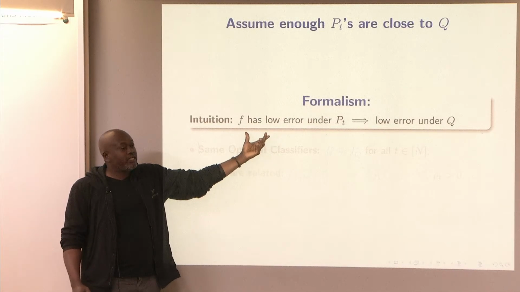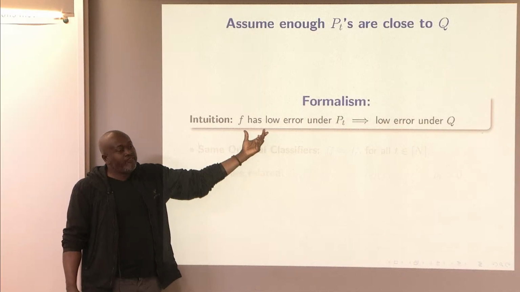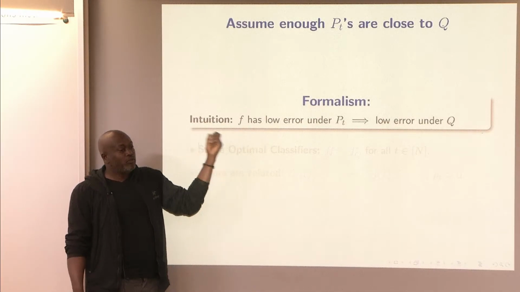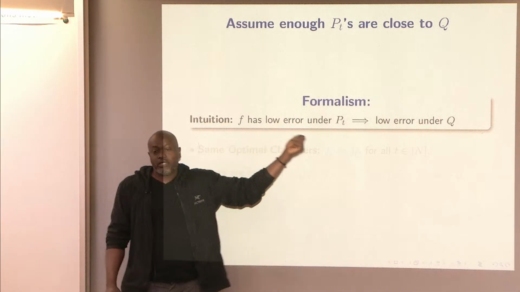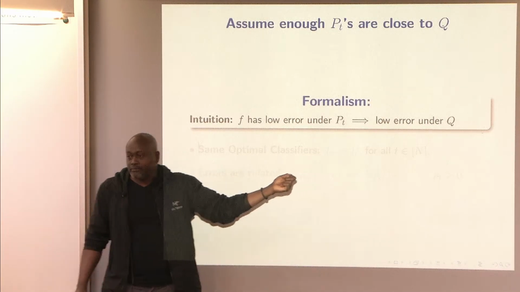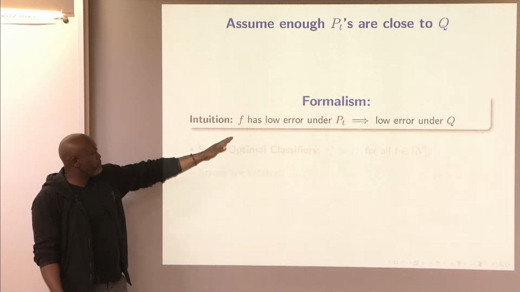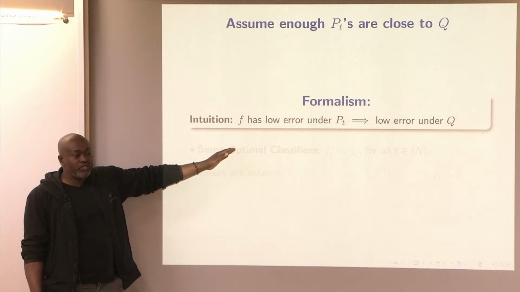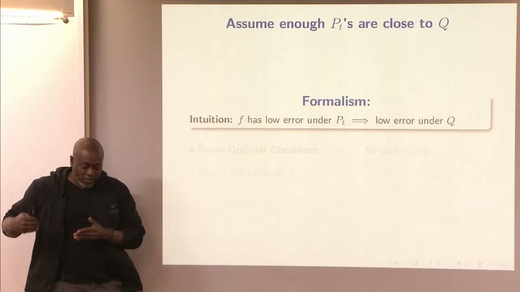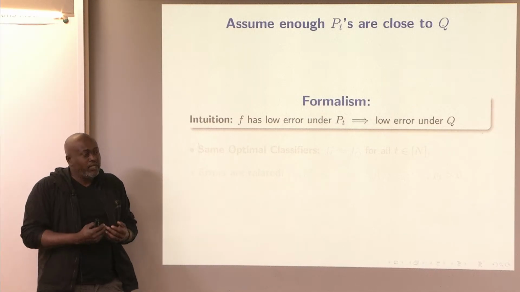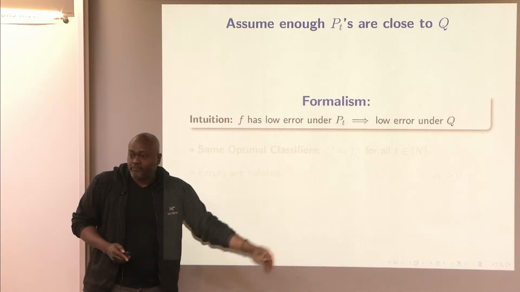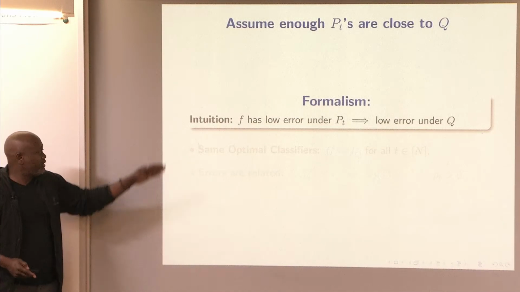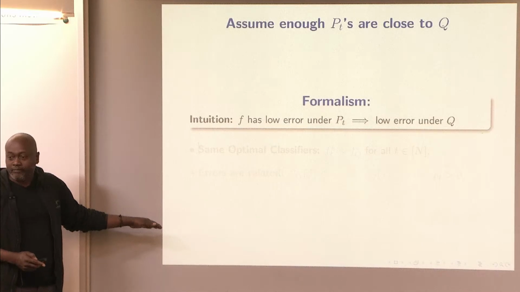I'm using the source data because I believe that if I have a classifier that has low error under the source, this classifier should do somewhat well under the target. So any classifier with low error under the source likely has low error under the target. How low is what we're going to parameterize.